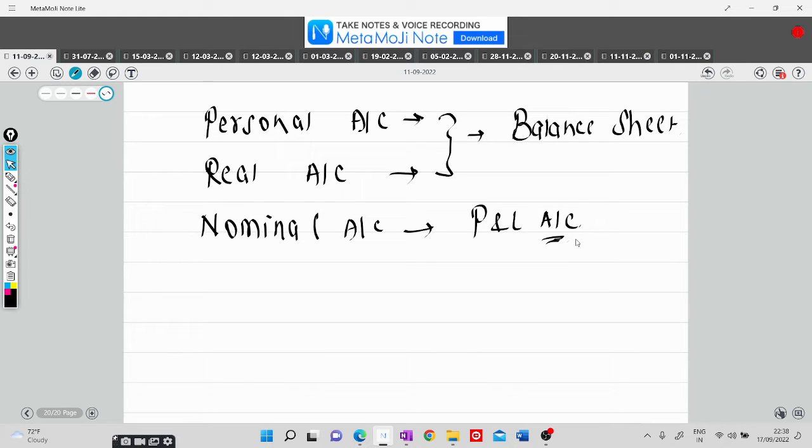Hence we have to identify the accounts given in the trial balance as personal, real and nominal accounts. If the account is personal or real, then it will be shown in the balance sheet, and if it is a nominal account, it will be shown in the profit and loss account.